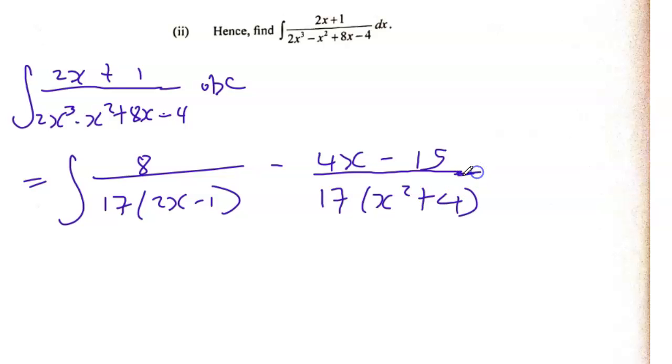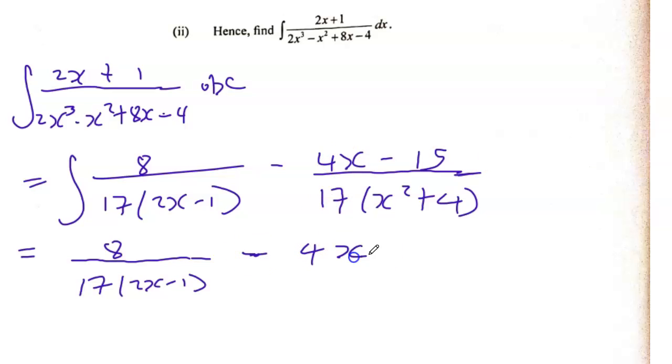And what we can do is separate it. Let's separate it. So we can write this as 8 over 17, 2x minus 1. Alright, let's separate these two numerators now. So minus 4x over 17 times x squared plus 4.